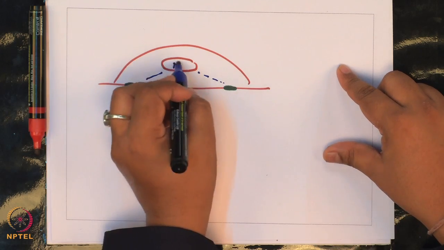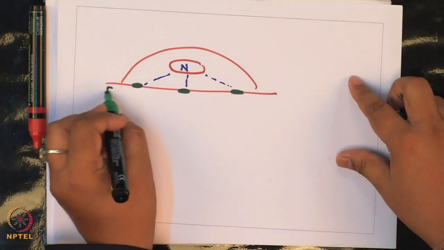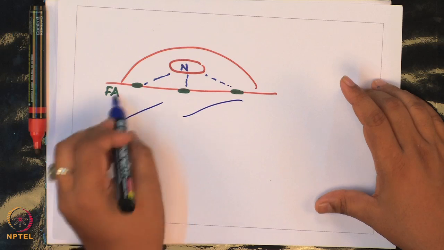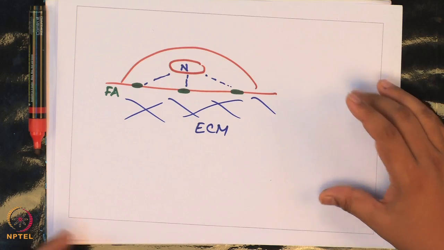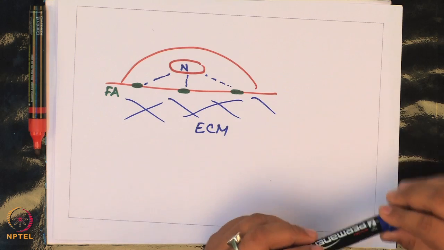Okay, so, this is your nucleus, this is your focal adhesion, this is FA, and outside you have the extracellular matrix. Okay. So, if we ask what kind of function these focal adhesions must serve, we know that for adherent cells the cell must remain stuck to the substrate, but at the same time it should be in a position to migrate.